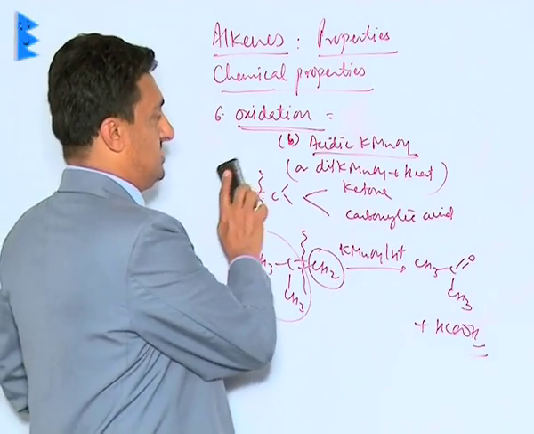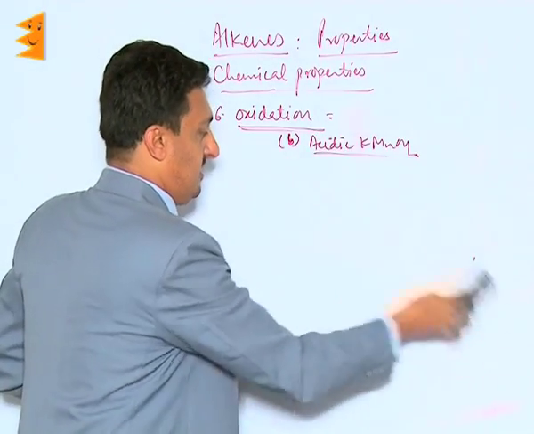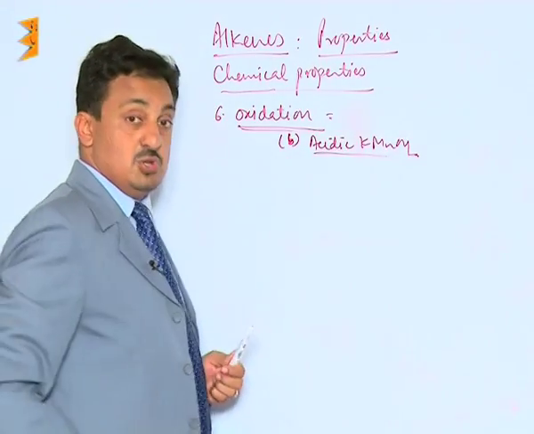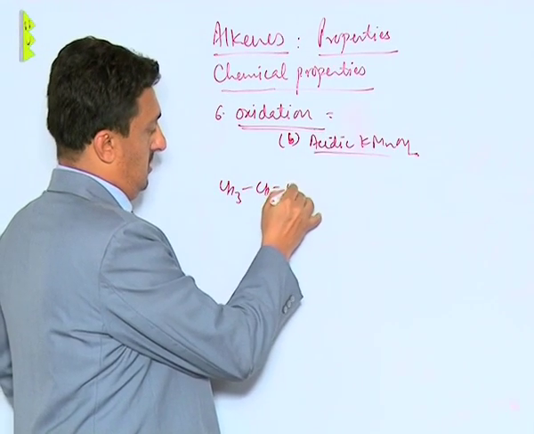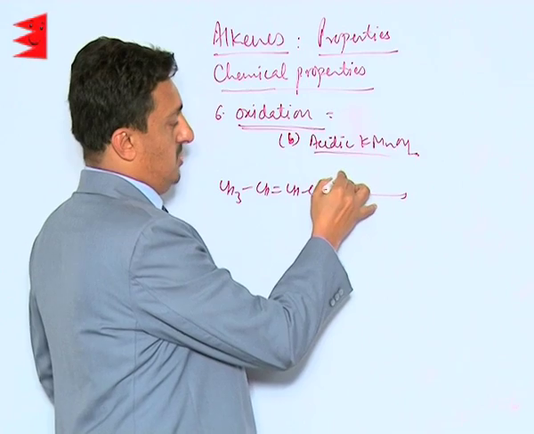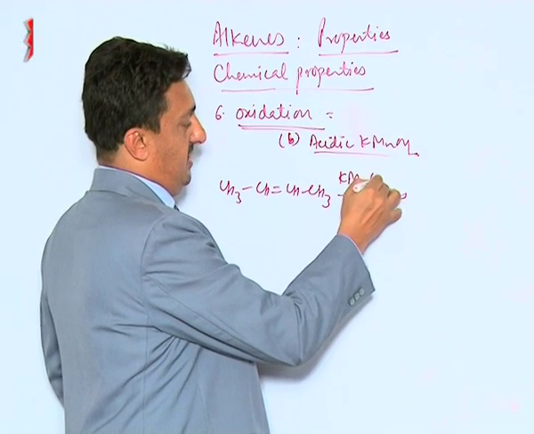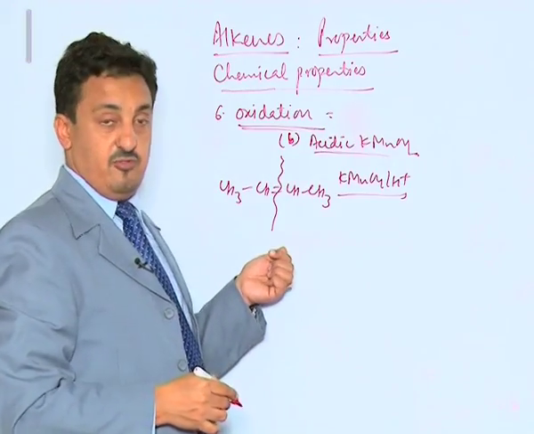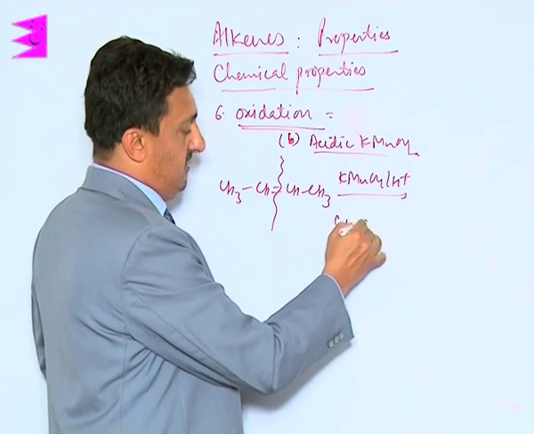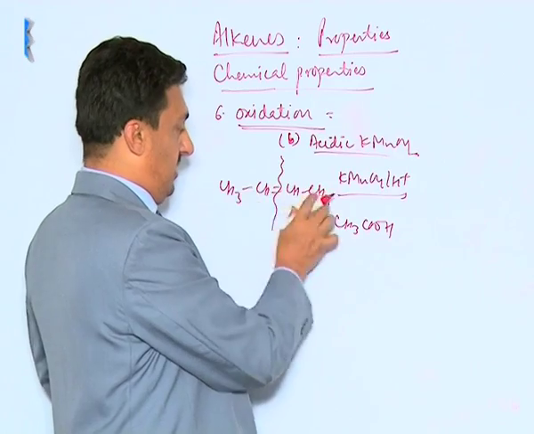Let me give you one more example. If suppose we are having butene, on reaction with acidified KMnO4 it results in the breaking of this molecule from the position of the double bond, and what we get is the acid of the corresponding parts.